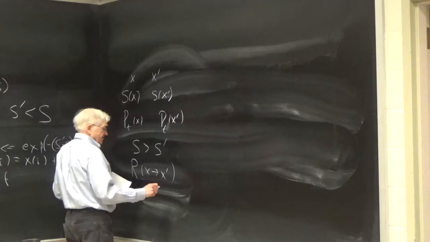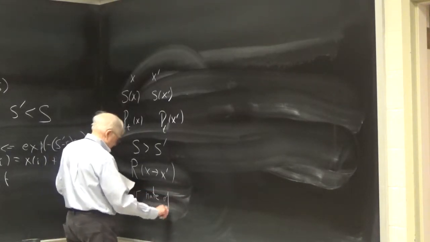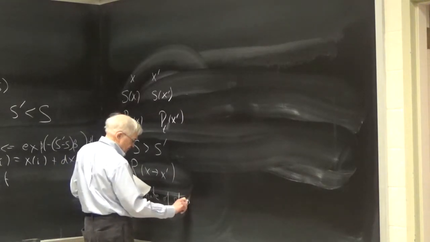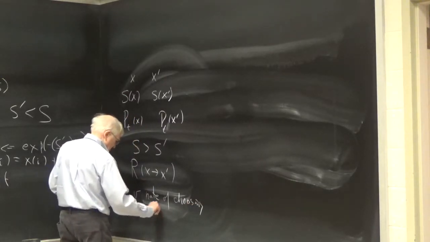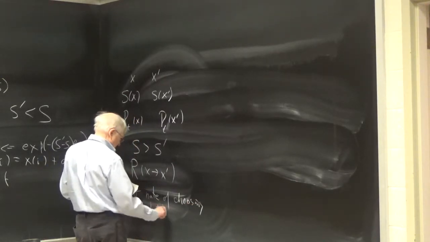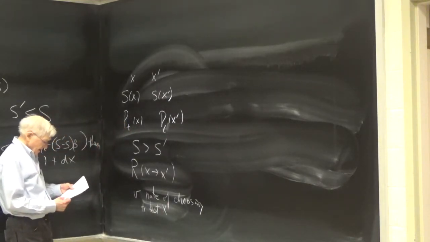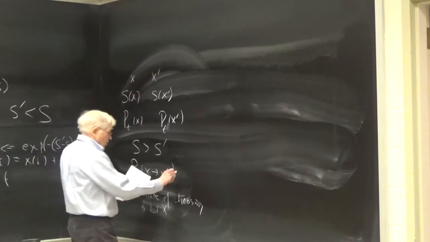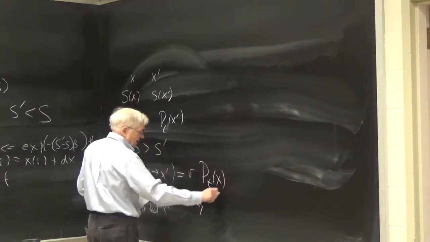V is the rate of choosing to test x prime, which is to say it's v times the probability of being at x prime.